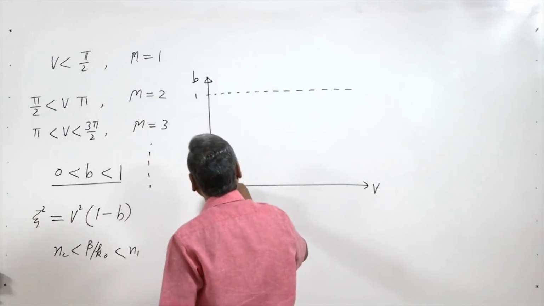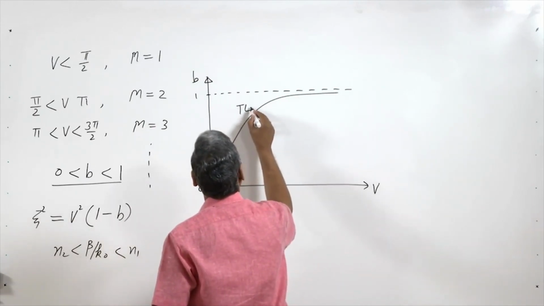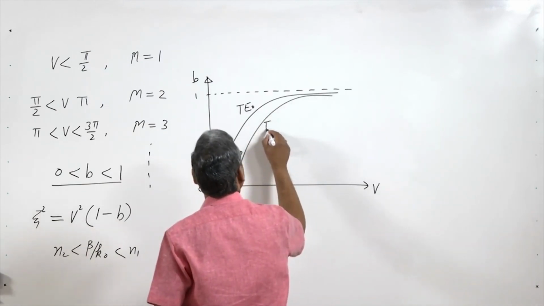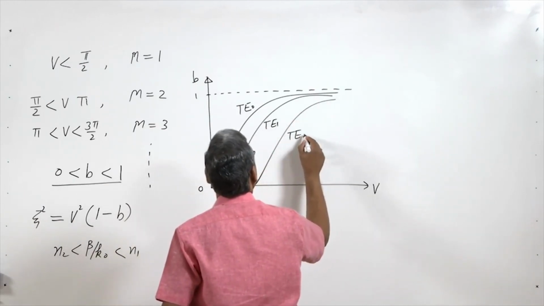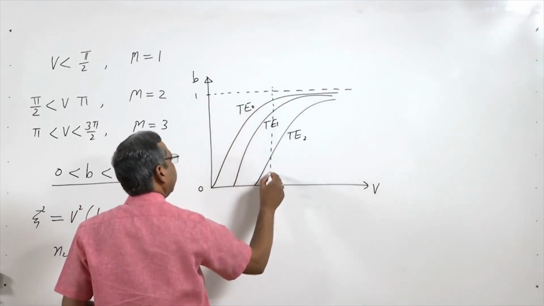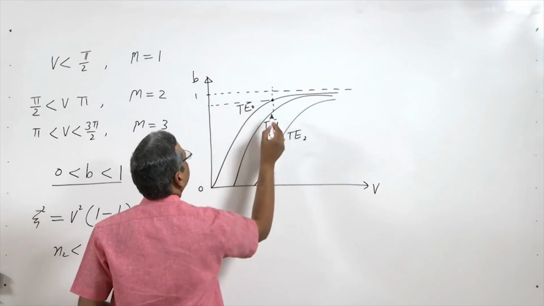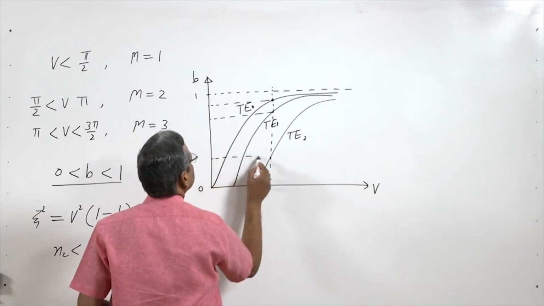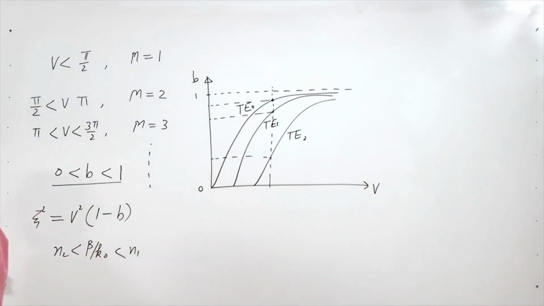TE0 mode goes something like this, TE1 mode goes like this, TE2 mode like this. So if I have a value of V somewhere here, then the propagation constant of TE0 mode is here, of TE1 mode is here, and of TE2 mode is here. So, the propagation constant decreases as the mode number increases.